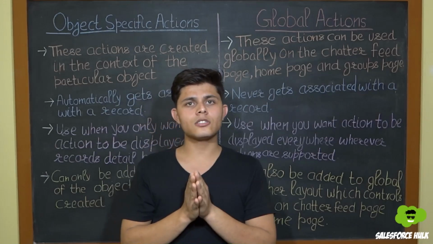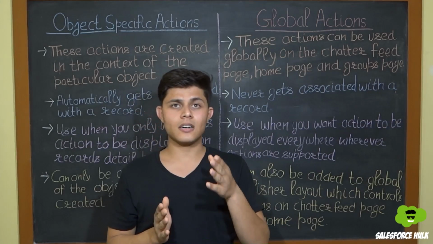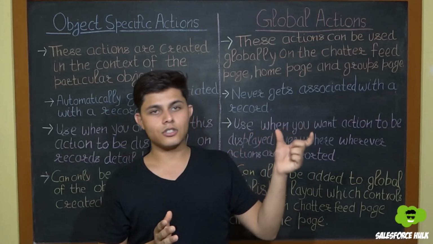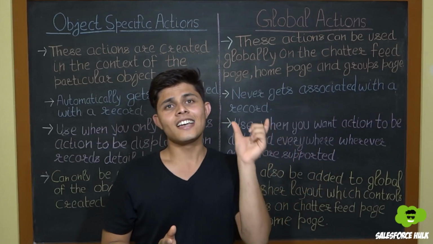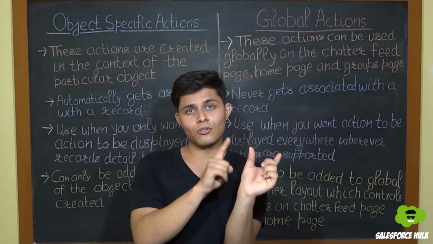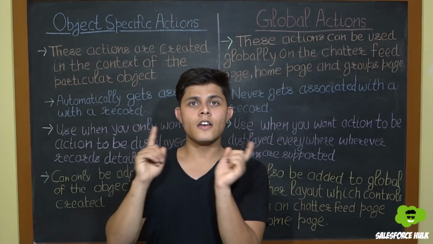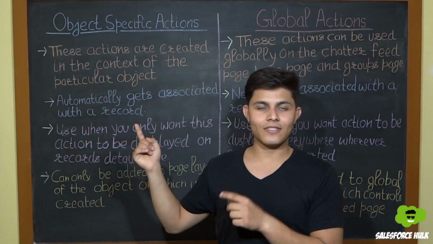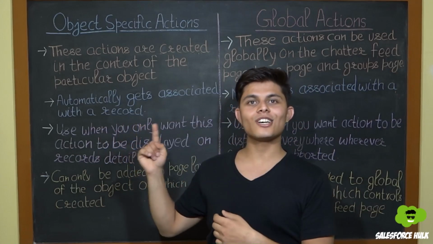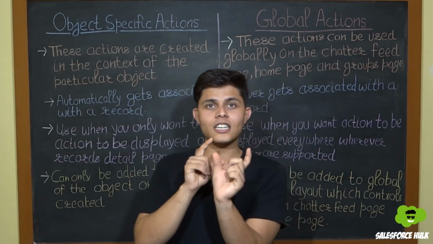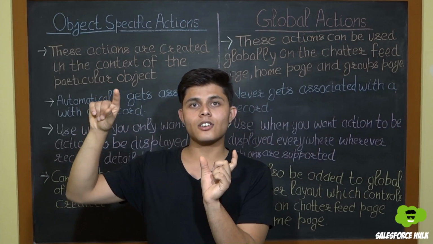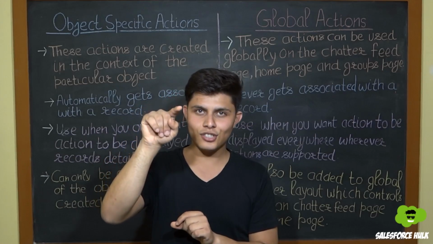So whenever we create a record using global actions, these records do not get associated with any other record. Whereas whenever we create a record using object specific actions, these records get associated with the one side object's record on which that action is used.